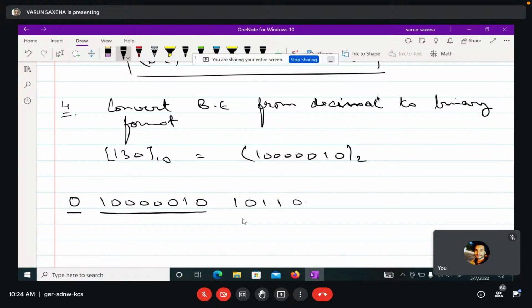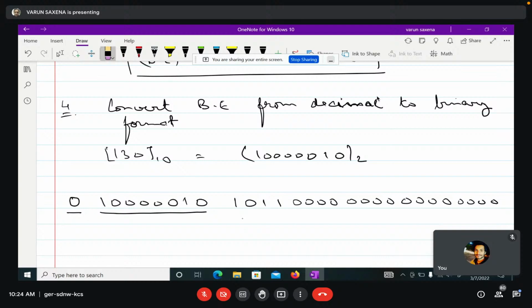So you have 1 2 3 4, 1 2 3 4, 1 2 3 4. I'm writing it in fours first because it's easy to calculate. There's 16 bits. Then you have 1 2 3 4.